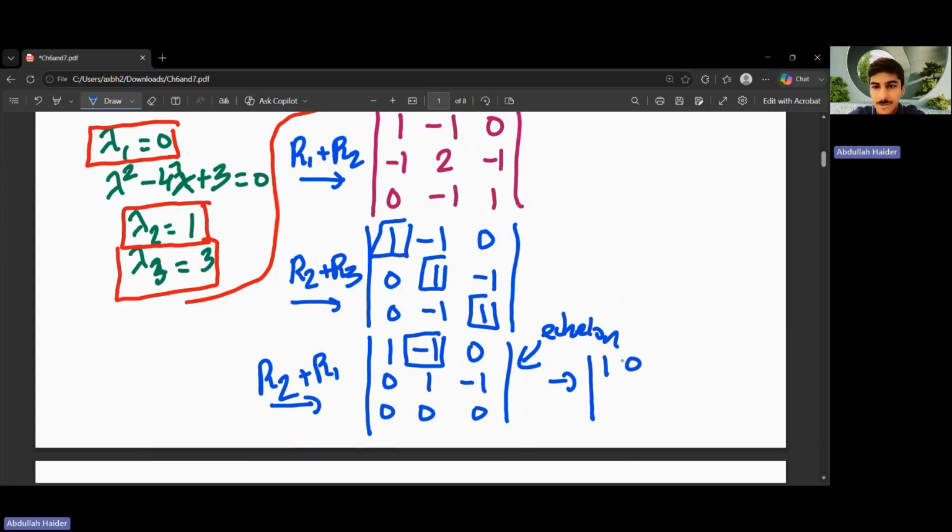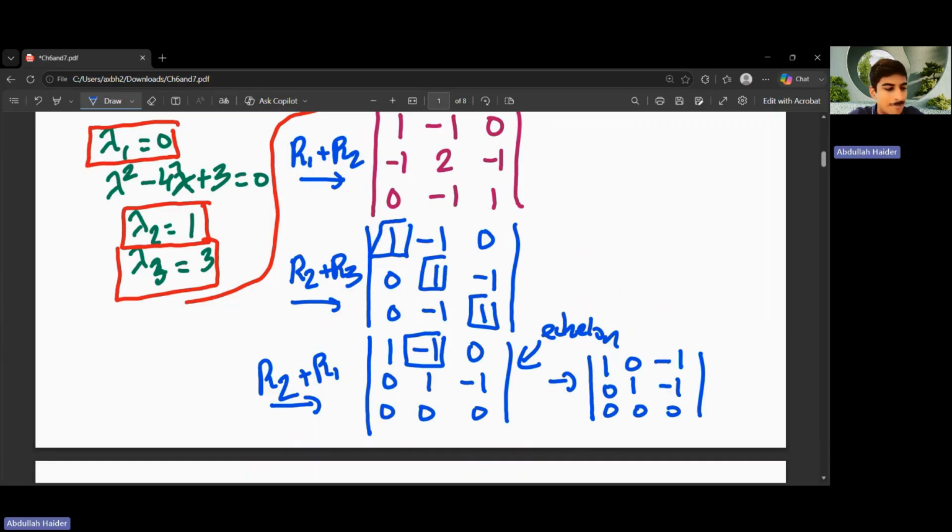Minus 1 plus 0 gives you negative 1. 0, 1 minus 1. And 0, 0, 0. So this is your reduced echelon matrix. You have your leading ones, this and this, and you have nothing below or above them.